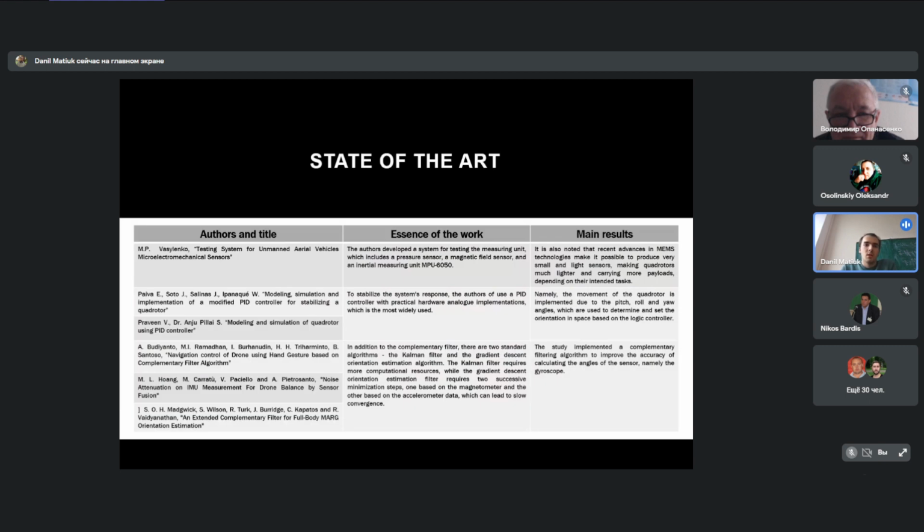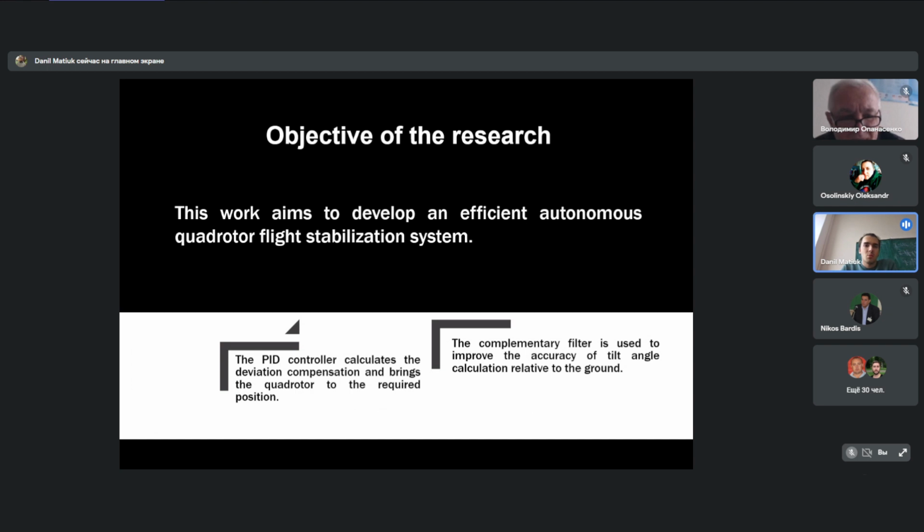We started from a primary analysis of the state of the art on the topic of autonomous flight stabilization of small multi-rotor drones. Some papers with the most prominent results are presented on this slide. This work aims to develop an effective autonomous quadrotor flight stabilization system, since both the PID controller and the complementary filter are easy to implement. A stabilization system based on them is less resource intensive, and this is an important nuance when working with low power quadrotors.